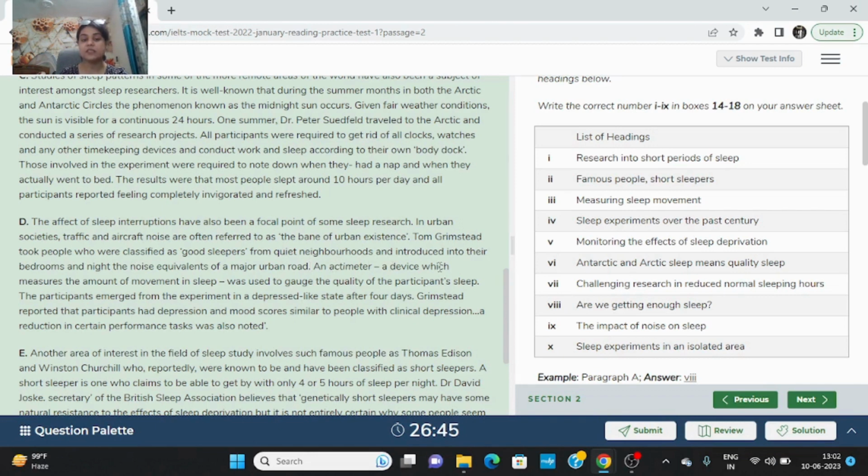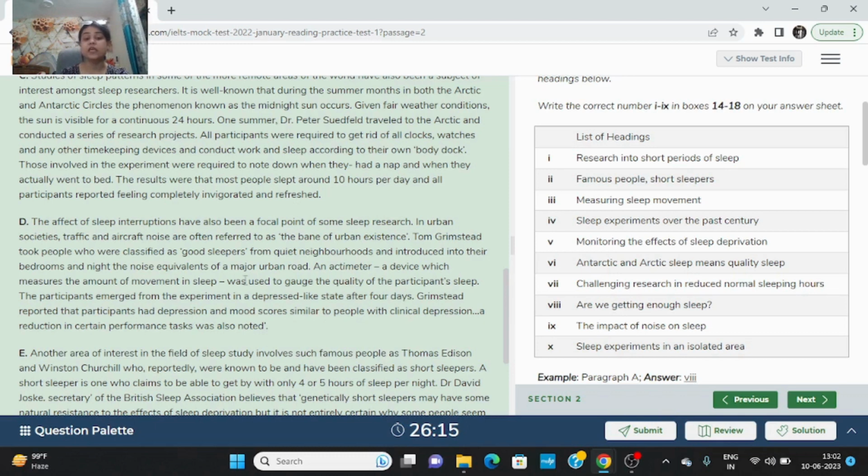An actimeter, a device which measures the amount of movement in sleep, was used to gauge the quality of the participants' sleep. The participants emerged from the experiment in a dazed state after 4 hours. Grimstead reported that participants had depression and mood scores similar to people with clinical depression. A reduction in certain performance tasks was also noted.